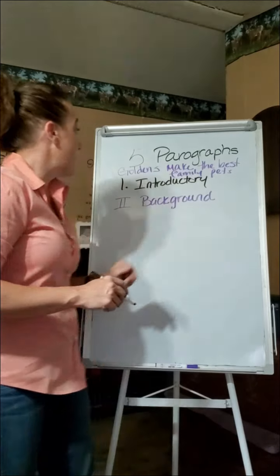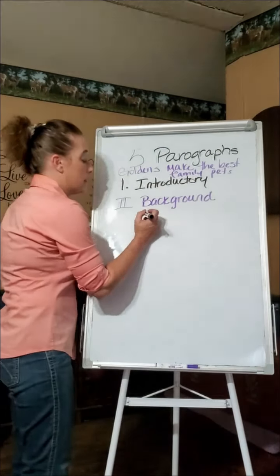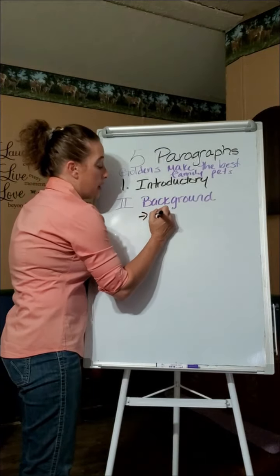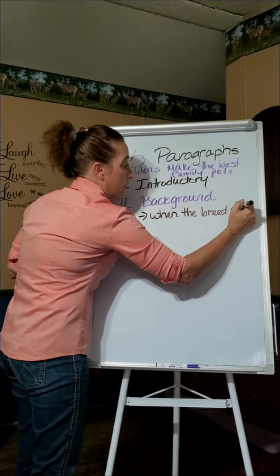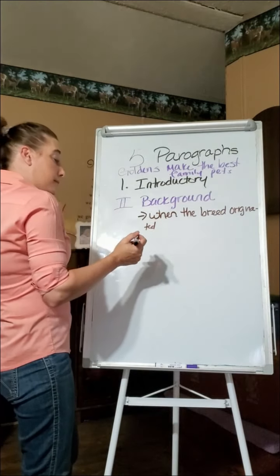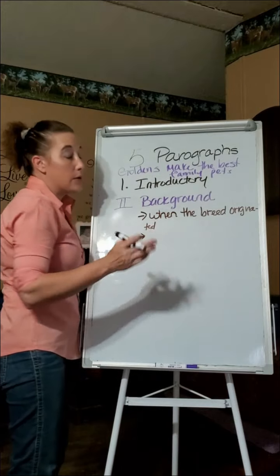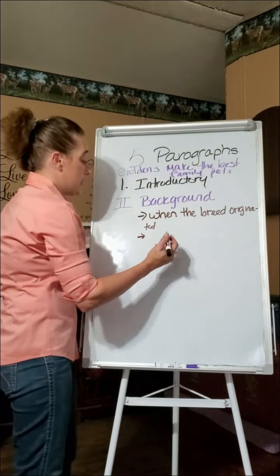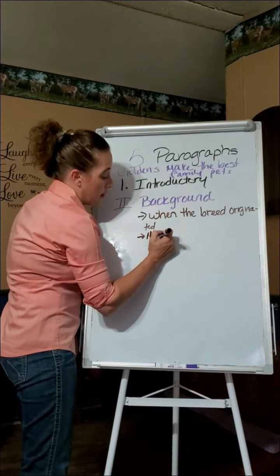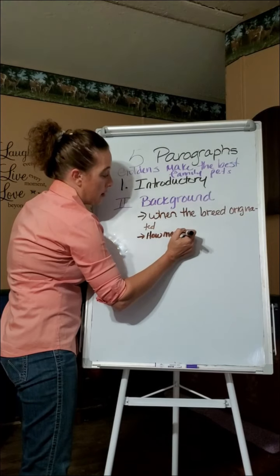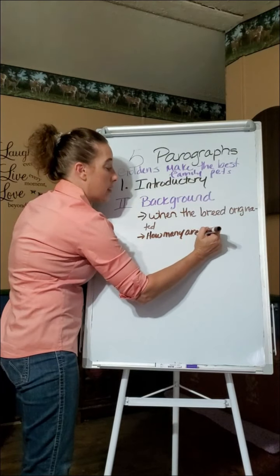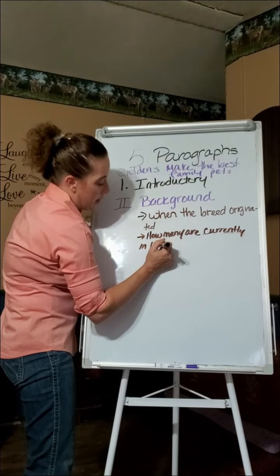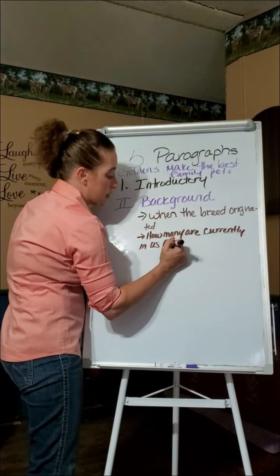Background information for this would be something like when the breed originated. If you didn't use it for attention getter, you can say how many are currently in US or registered.